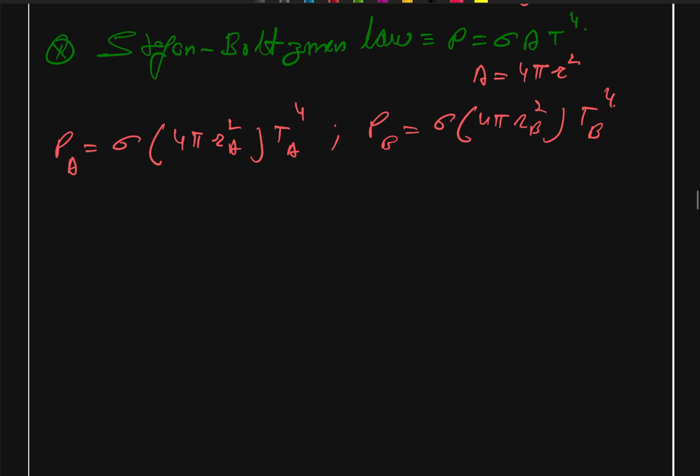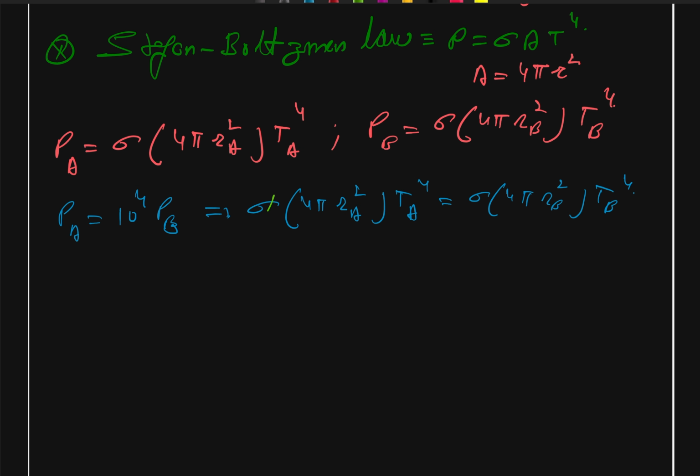We are given that power of A is equal to 10 raised to power 4 times Pb. Therefore, we substitute them, and we get constant 4 pi Ra square Ta to the 4 is equal to constant 4 pi Rb square Tb raised to power 4.